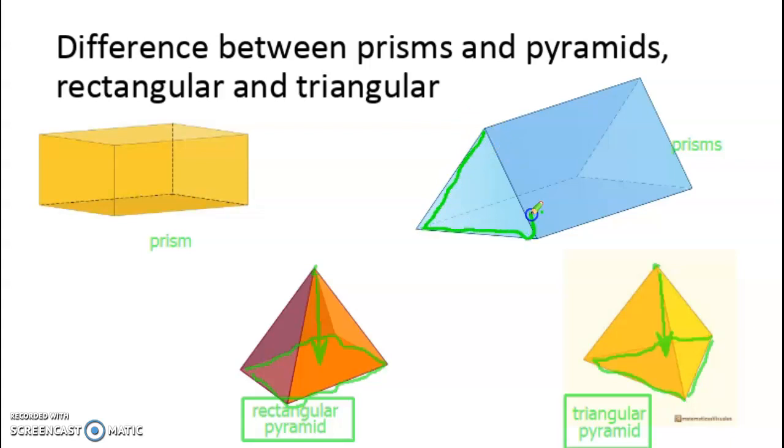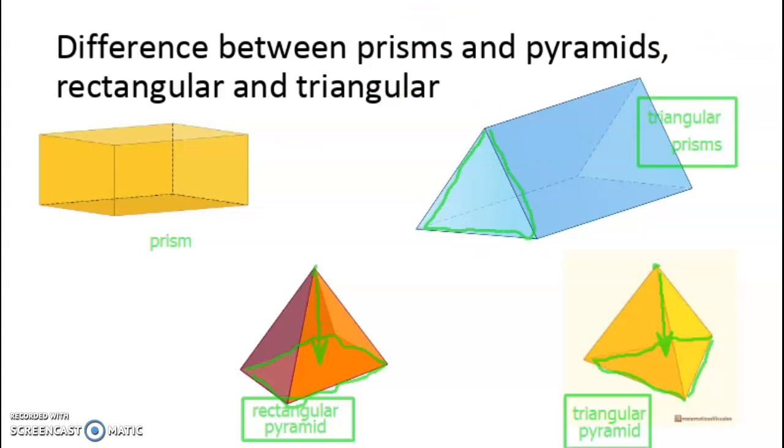So this one, since it has a triangular front, we're going to call that a triangular prism. Put a box around that so you know. Prism, because there's not just one pointy top, and triangular, because the front is a triangle.